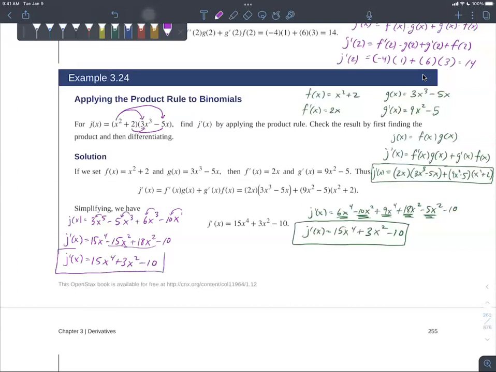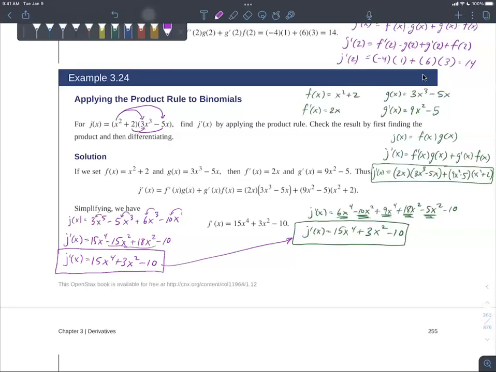And so wait a minute, that is exactly what we got before. So in this case, since j of x is defined to be the product of two functions, and these two functions are both binomials, there's two ways to solve this problem.